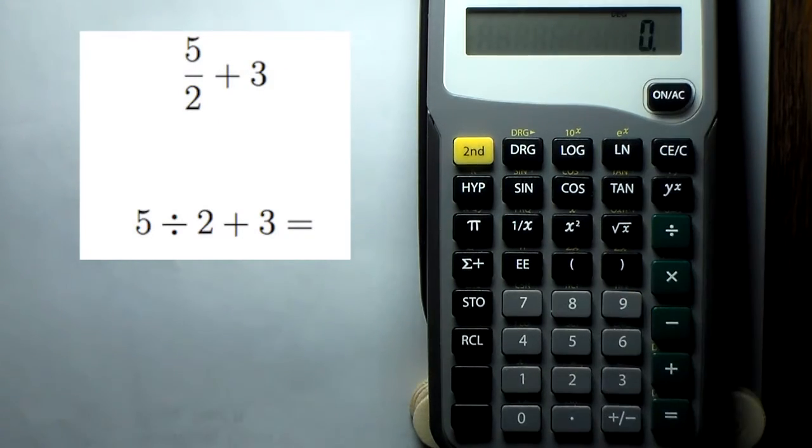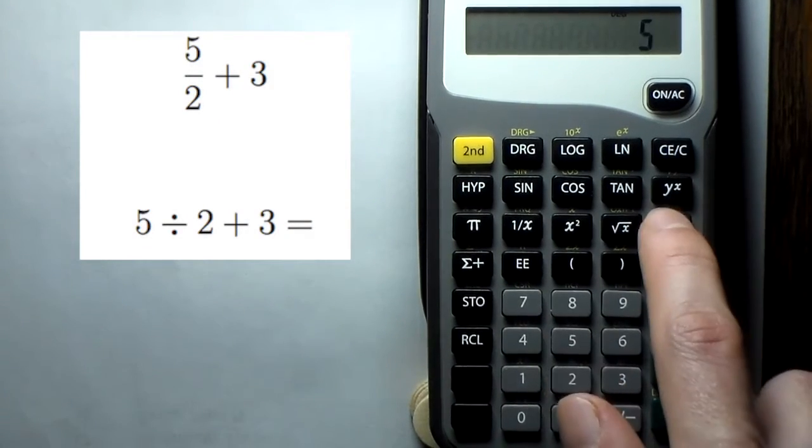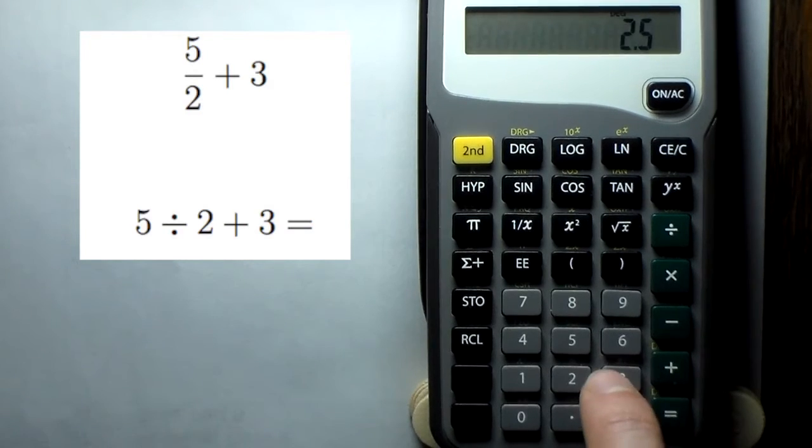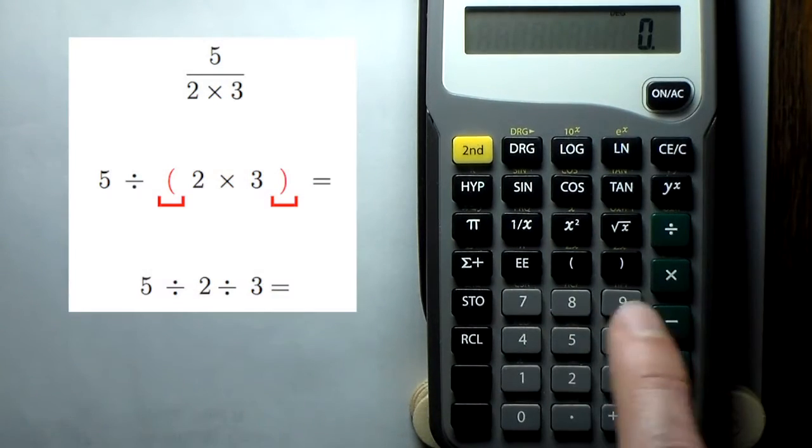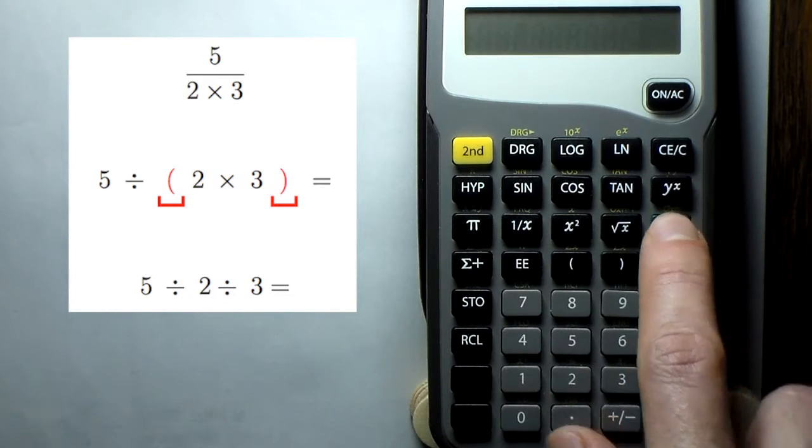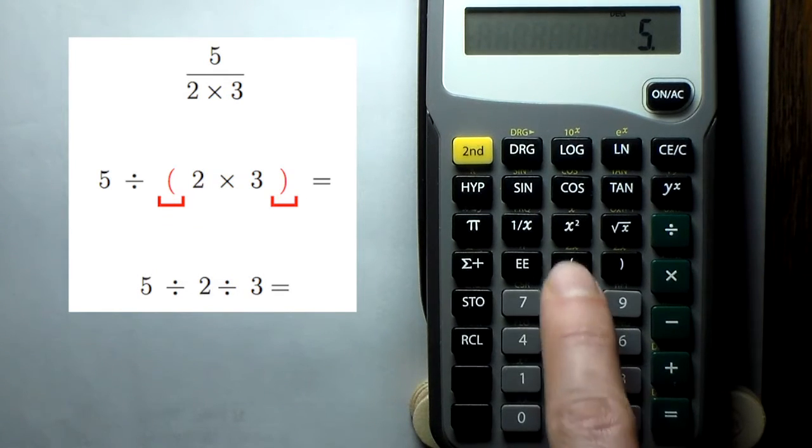And you can very easily see how this could be very different if you did 5 divided by 2, then plus 3 to give you 5.5, which is obviously very different from the original answer we had. So again, just be very cautious of that. And the next one, we have here 5 divided by 2 times 3.